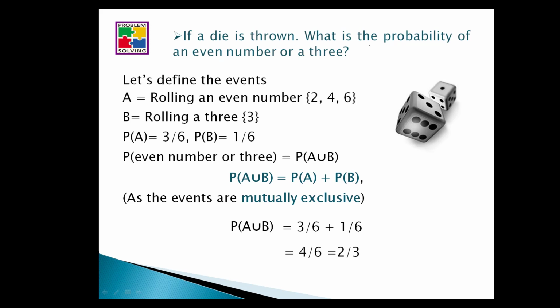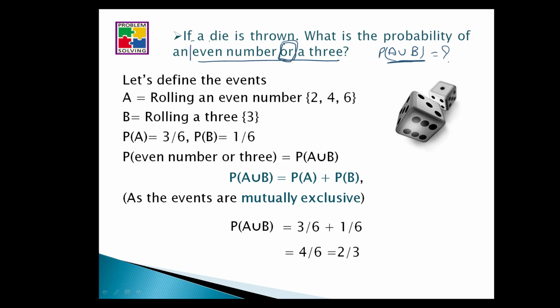Suppose we throw a die. What is the probability to get an even number or a 3? This is the keyword or. When we see these kinds of words, we understand that we need to apply the addition rule. So we need to find the union of the events. What are the two events for which we are interested in the union?